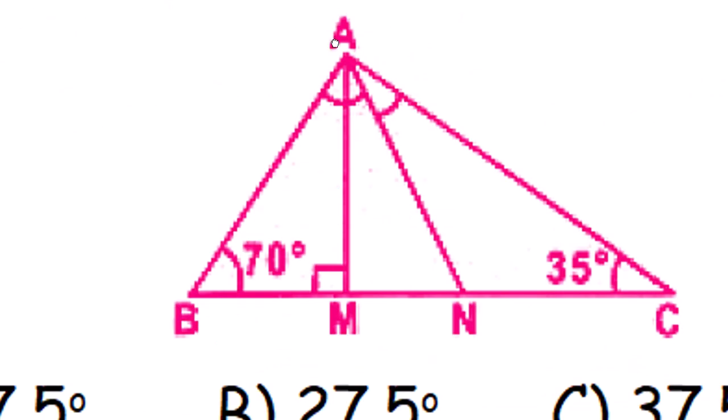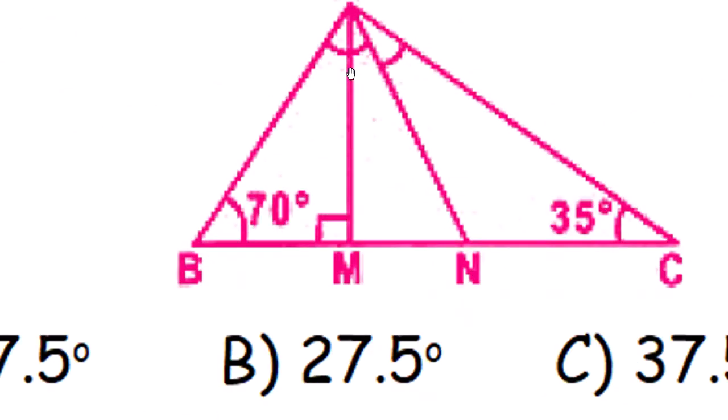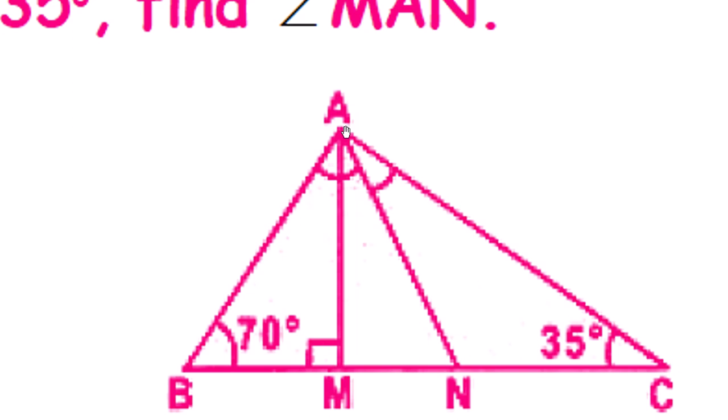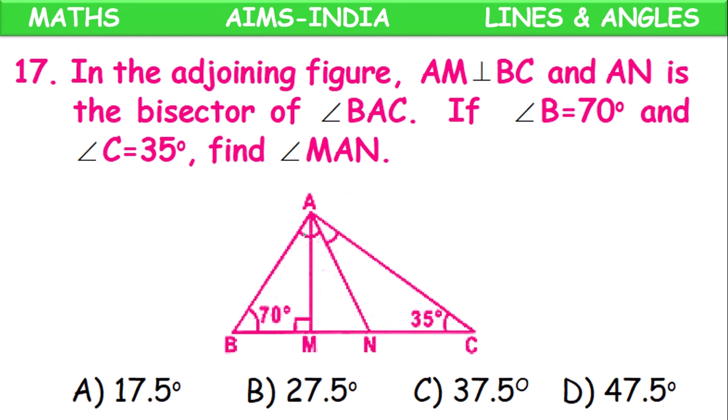If you observe, ABM is a right angle triangle. This is 70, this is 90. 70 plus 90, how much? 160. So this upside angle will be 20, because the sum of three angles is 180 degrees. So this upside part will be 20 degrees.